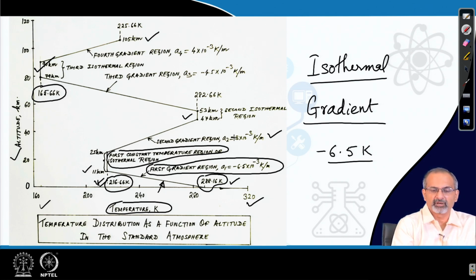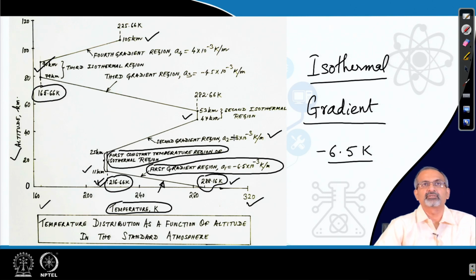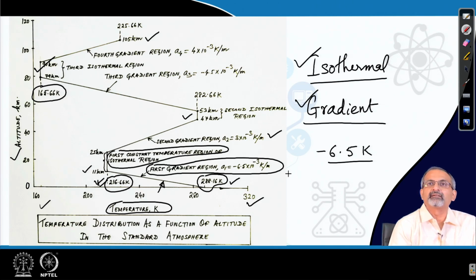At 105 kilometers, it reaches a temperature of about 225.66 Kelvin. So, this is a kind of a zigzag manner in which temperature changes, and it is accompanied by isothermal and gradient regions. So, this gives a first feel of the standard atmosphere, how temperature distribution is standardized in the atmosphere.